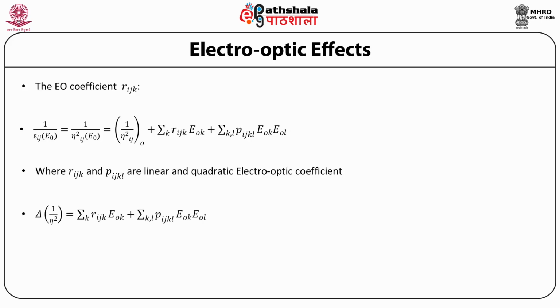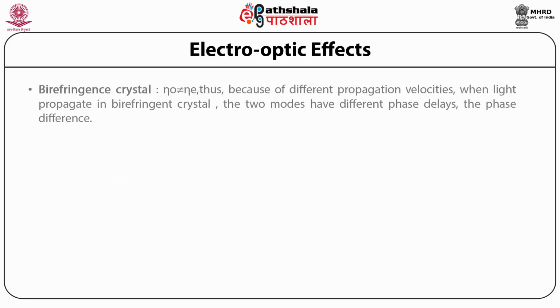So delta (1/η²) will be equal to summation over k Rijk Ek plus summation over kl Pijkl Ek El. So the field-induced refractive index gives rise to linear birefringence, and for a birefringent crystal, η_o is not equal to η_e.